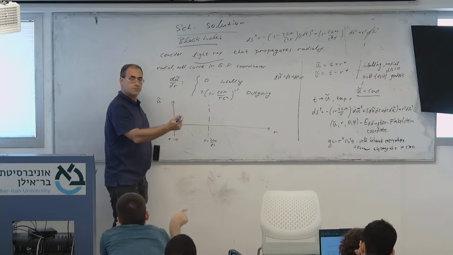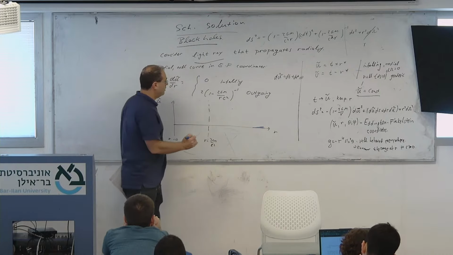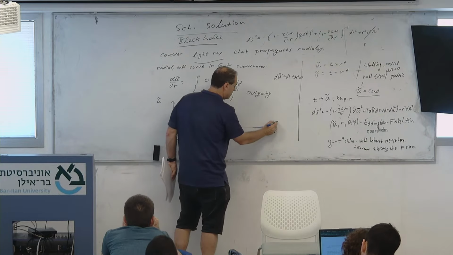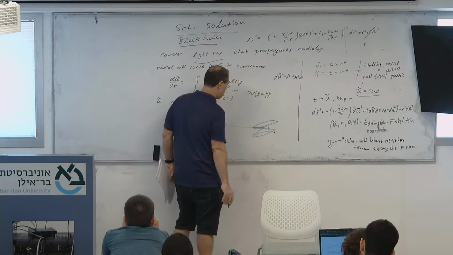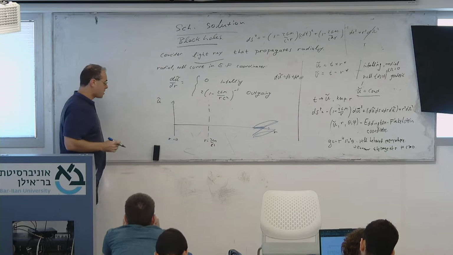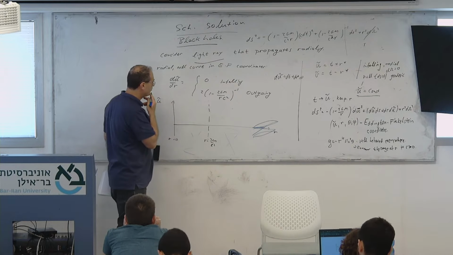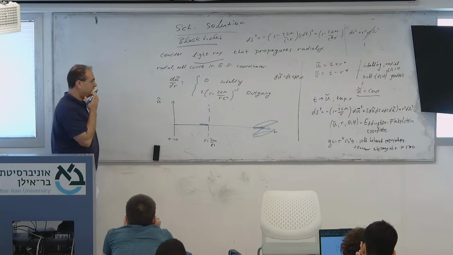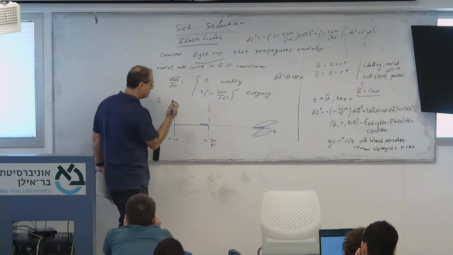So constant u, that's a flat line. And outgoing du over dr is 2. So it will go something like that. If we are exactly at 2GM over c squared, what is the infalling? 0. It's always 0. What is the outgoing? Infinity. So it will look something like that.